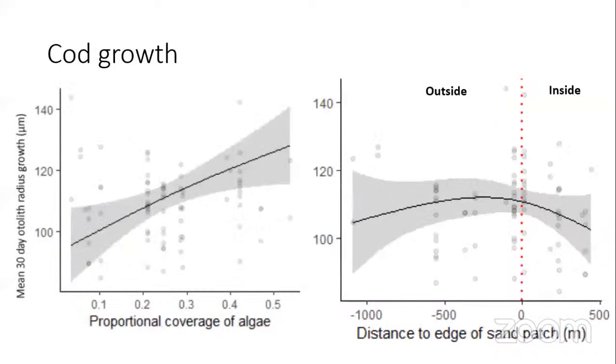For cod, we have a kind of relationship again, like higher growth rate with higher proportional coverage of algae. Again, not surprising given that we know that cod like these kind of algal dominated environments. But again, their highest growth rates are right on the boundary of patches of sand.